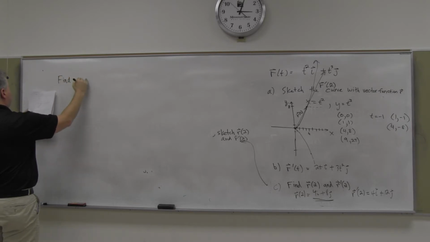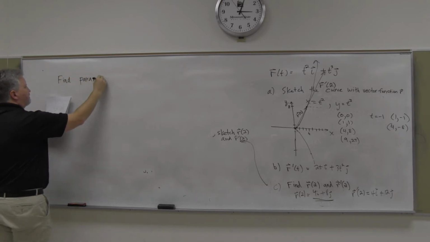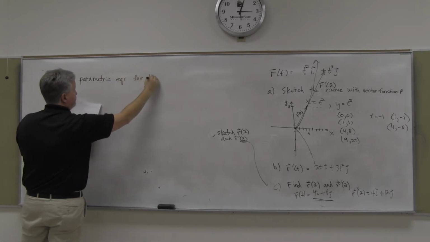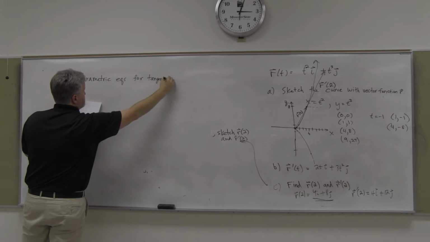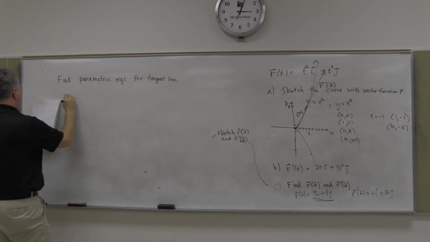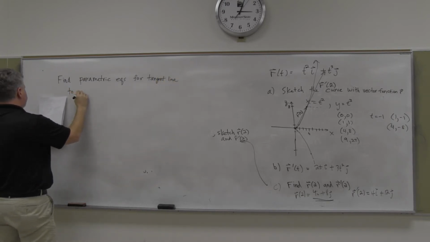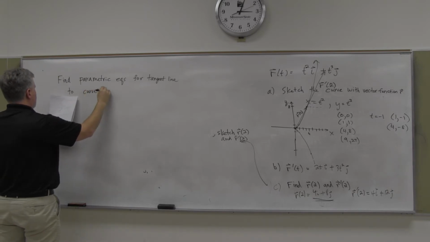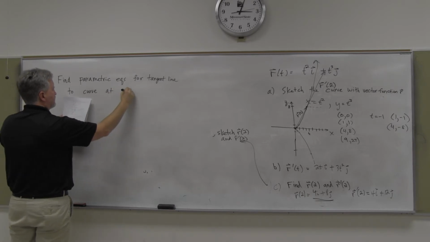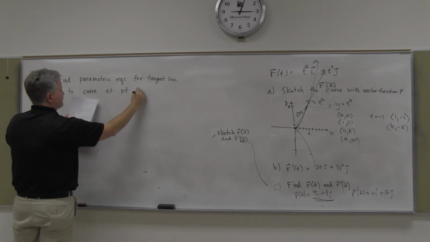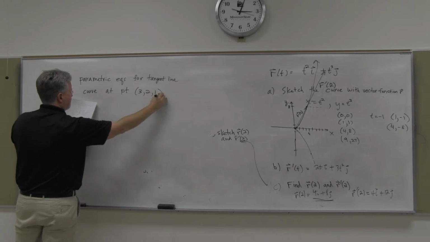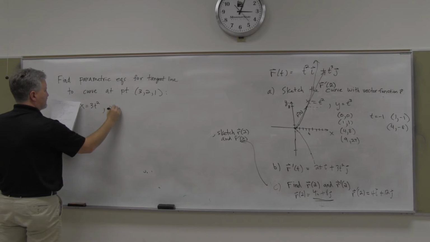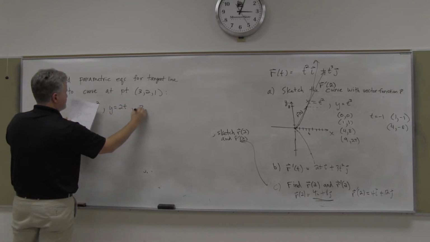Find parametric equations for the tangent line to the curve at point 3, 2, 1. This is the curve: x equals 3t squared, y equals 2t, z equals t cubed.